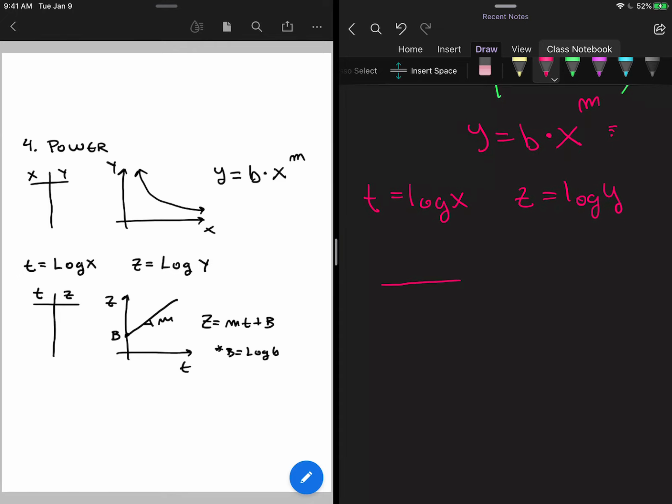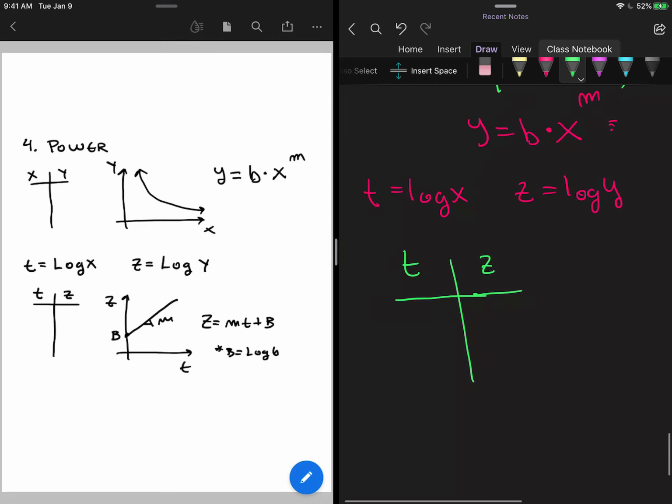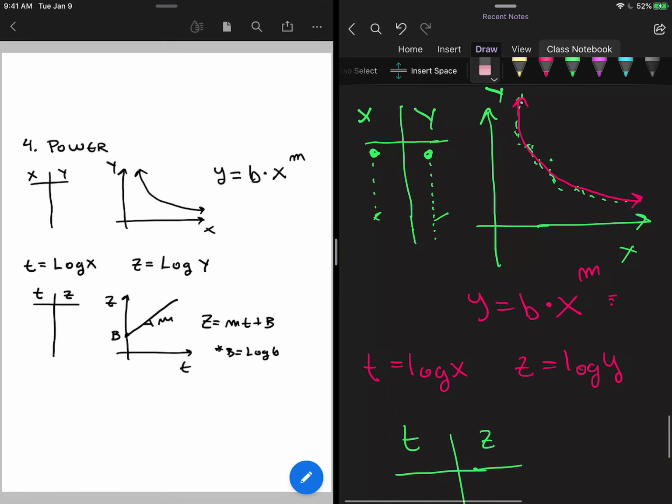you're going to create another table, and you're going to put t on the independent side and z on the dependent side. But here, what t is you have to go. So let's say again, let's pick our same numbers. Let's say that x is 4 and y is 8.